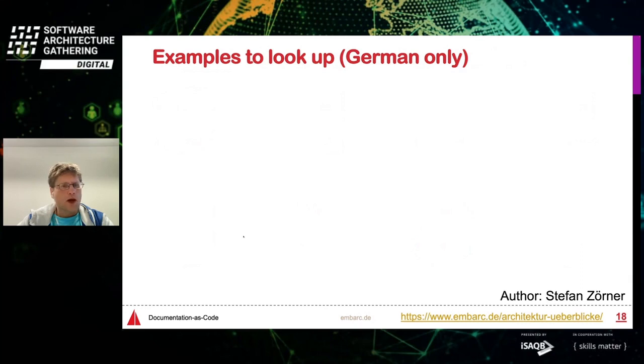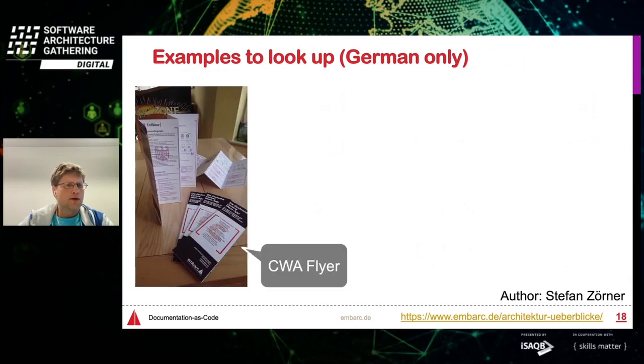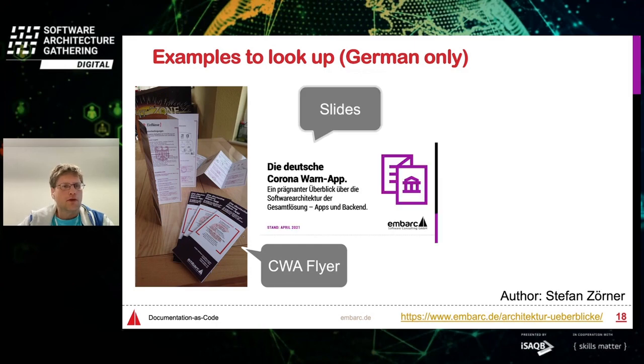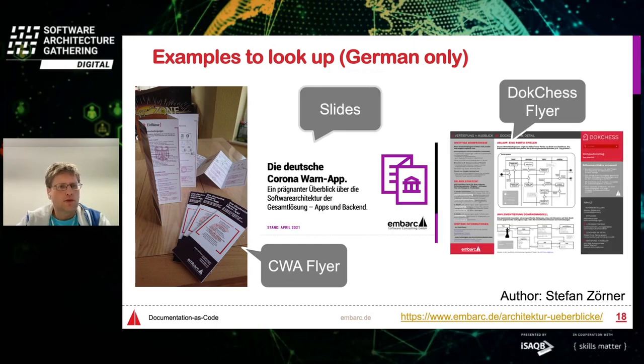There are some examples which a colleague of mine, Stefan Zörner, has published. Actually, it's in German only, so if you can speak German, then just have a look at our webpage. There are flyers, for example, about the German Corona Warn app, the app which helped to minimize the spread during the Corona time, as a contact tracing app.